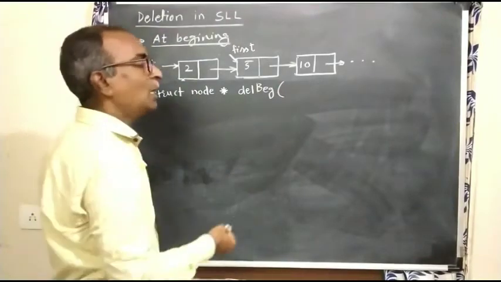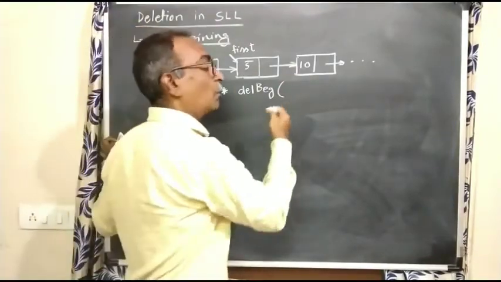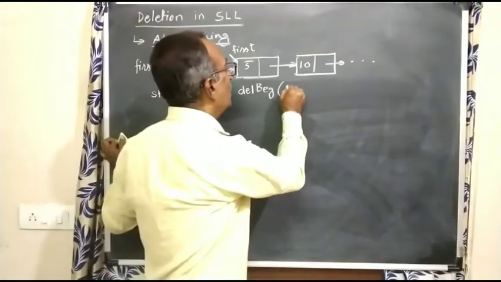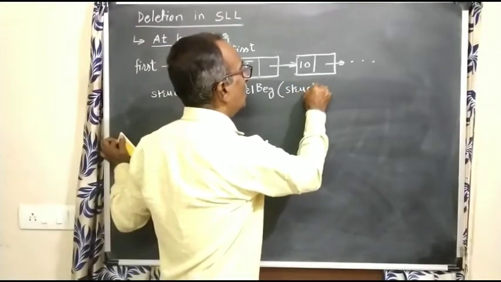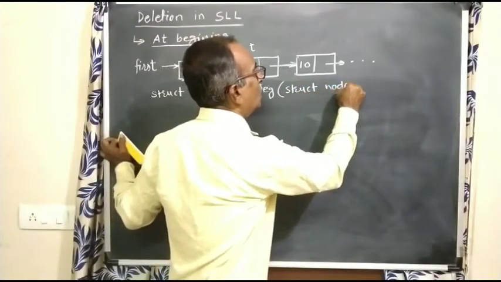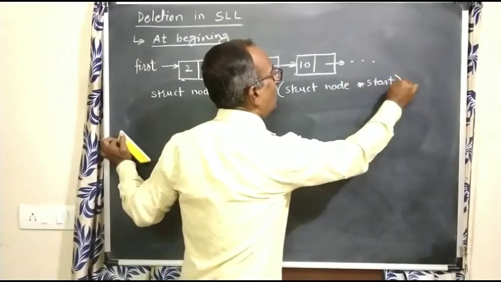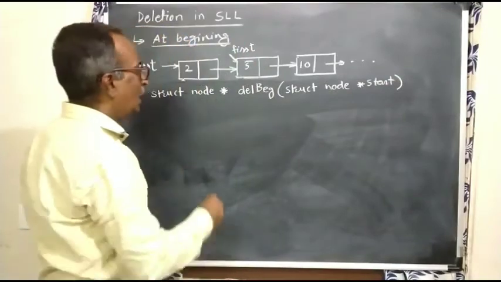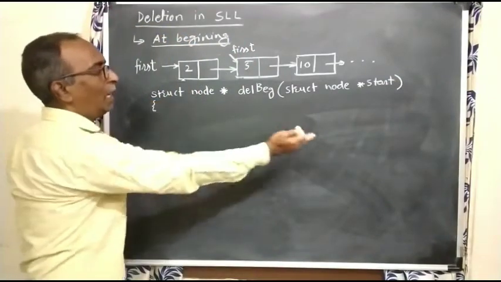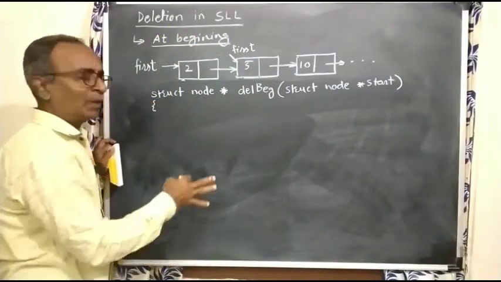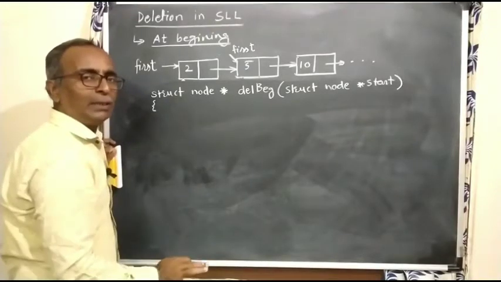Now what else do you have to pass? The linked list from which you are deleting. So struct node star, I'll take start as the formal parameter. Then whatever logic we have written, you have to write here.